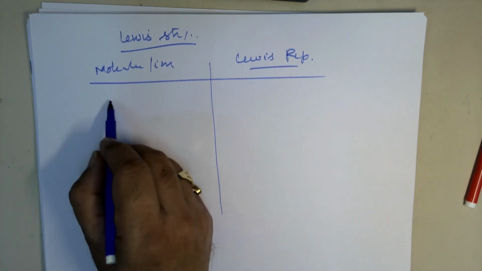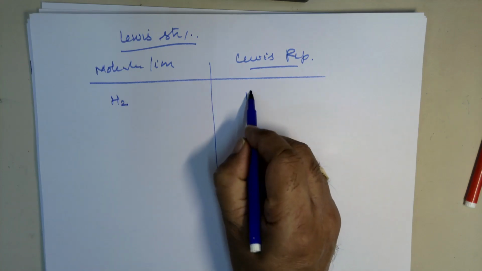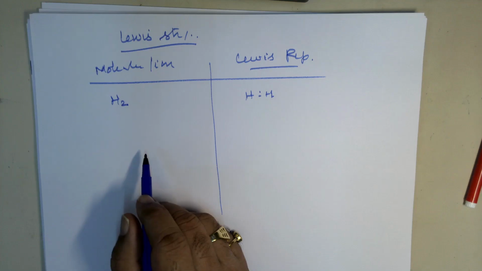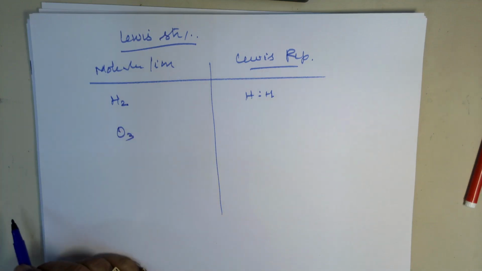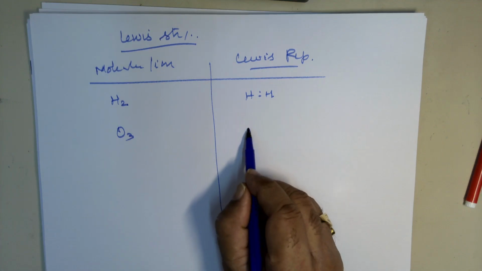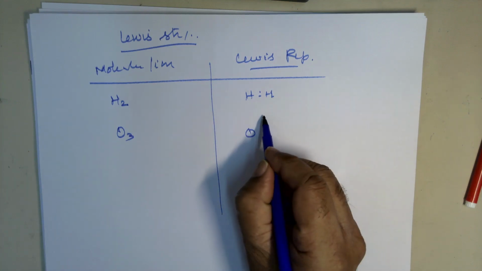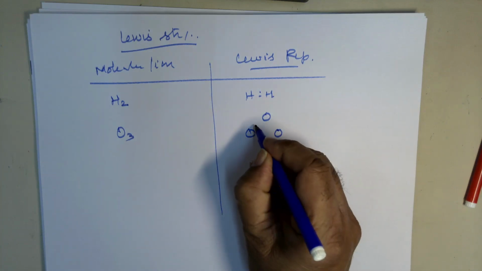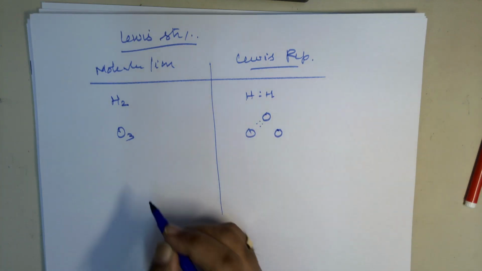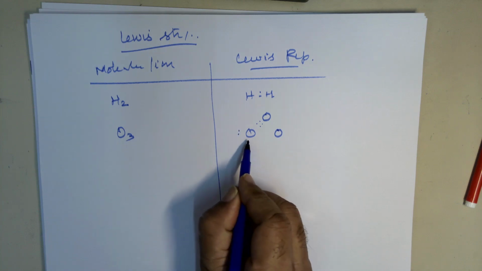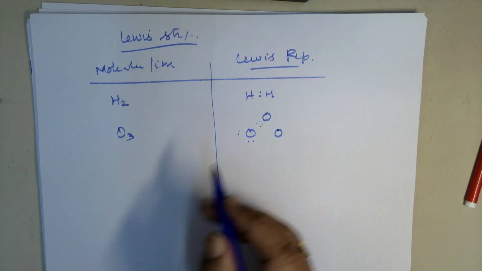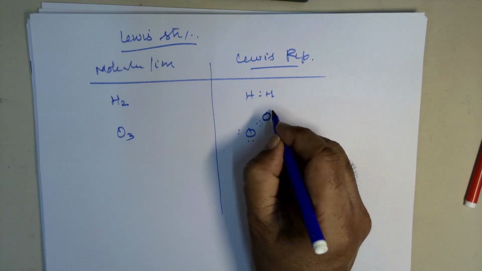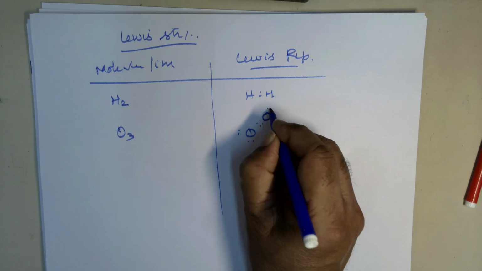Hydrogen is represented by H, a pair of electrons, H. Ozone, O3: you put O here and another O. Now how does it form? There are two pairs like this and here two, two, and here also, and since one pair of electrons is transferred here, it becomes plus.